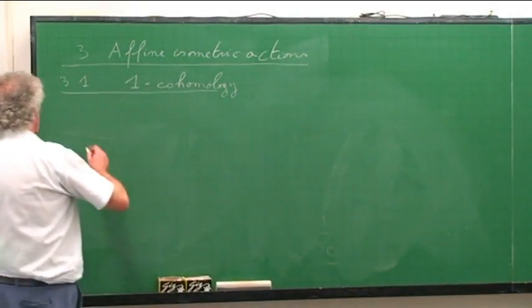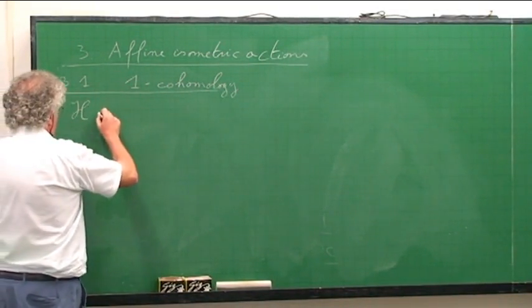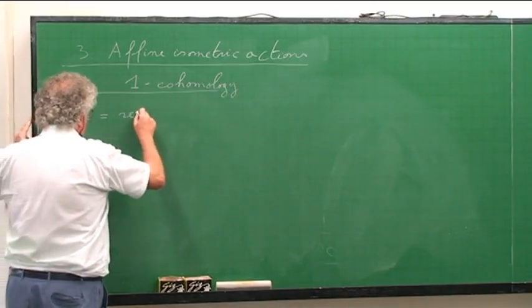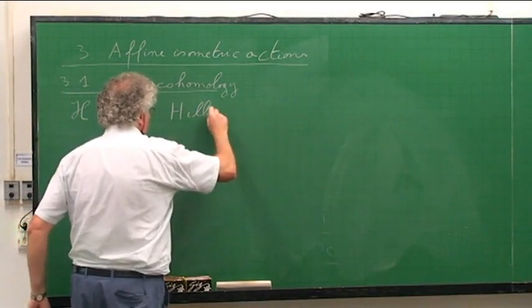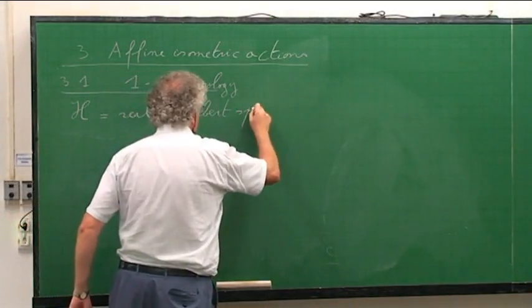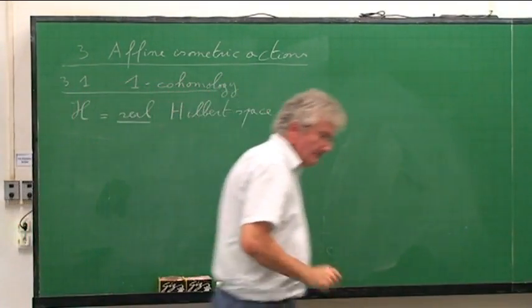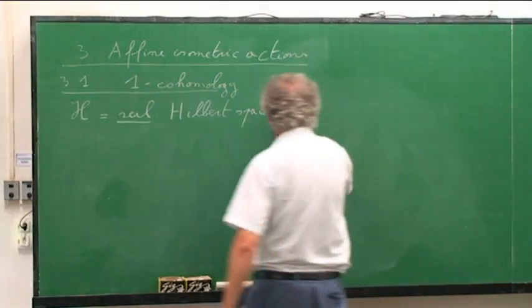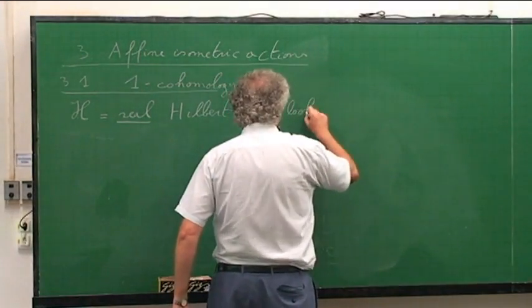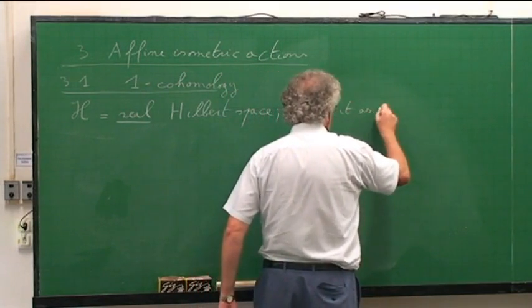So here, today, H will be a real Hilbert space, the space over the reals. And we can look at it as a metric space.